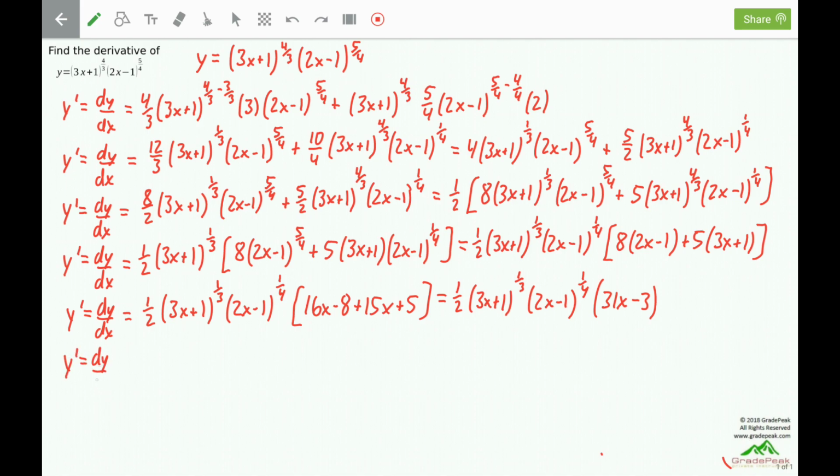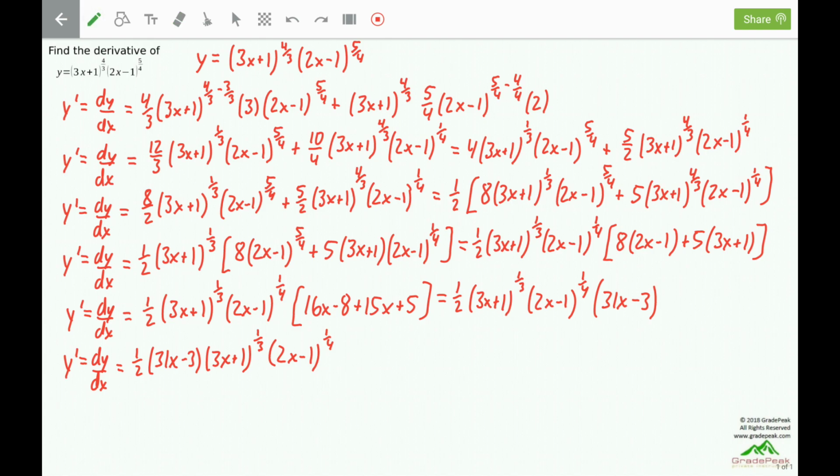But one option is the 1/2 times the 31x minus 3 first, and then the 3x plus 1 to the 1/3, and then the 2x minus 1 to the 1/4. So there's one way to order everything in there.